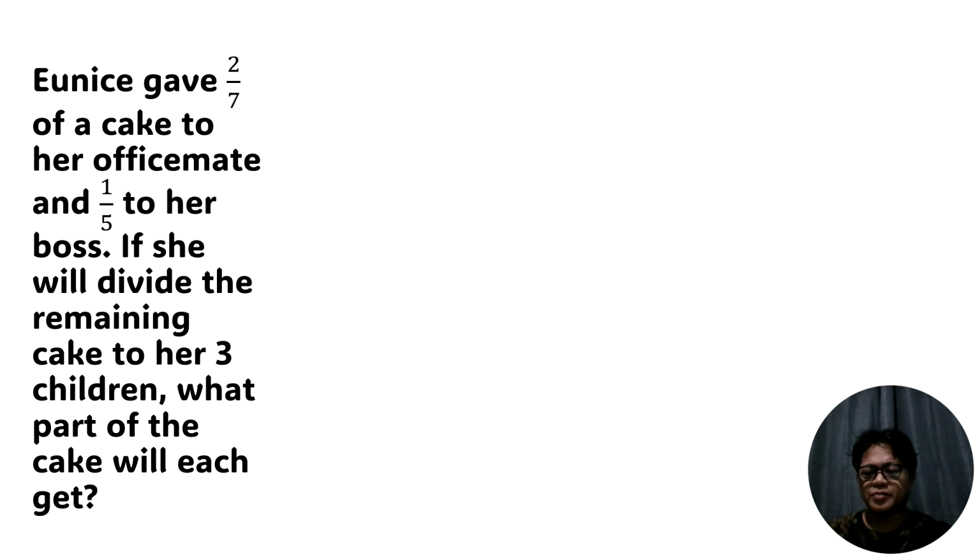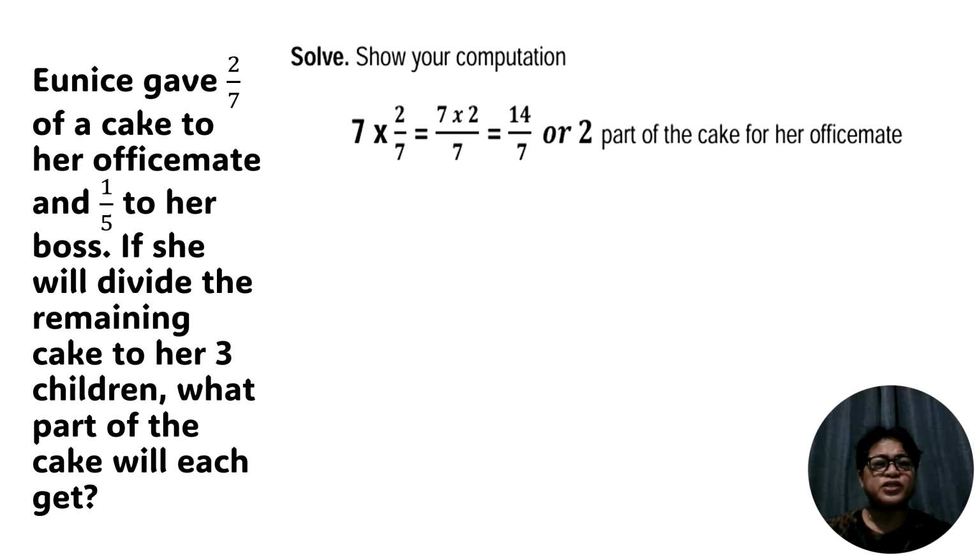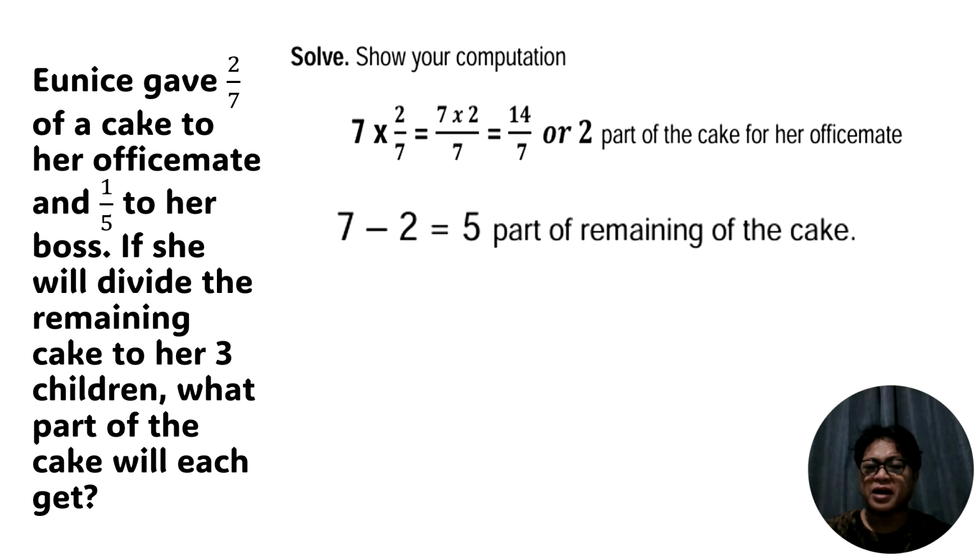Okay, so let us solve the problem using computation. 7 parts times 2/7 is equal to 7 times 2 over 7, is equal to 14 divided by 7, or 2 parts of the cake which was given to her office mate. So, 7 parts minus 2 is equal to 5 parts of the remaining cake.